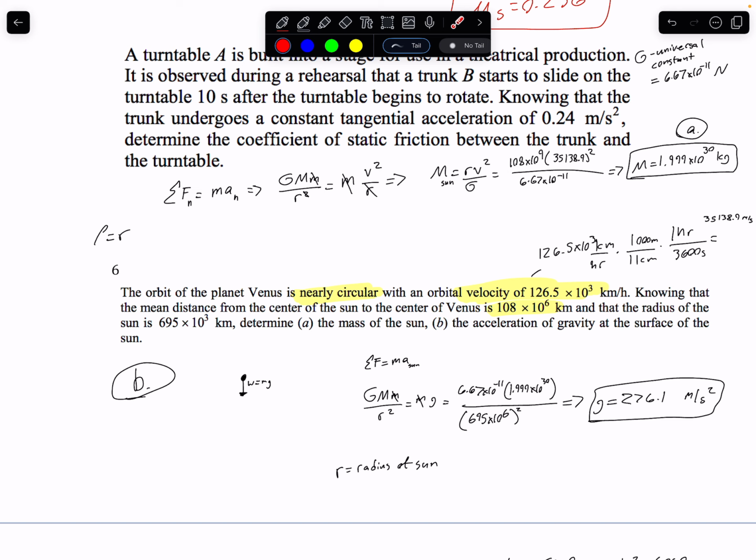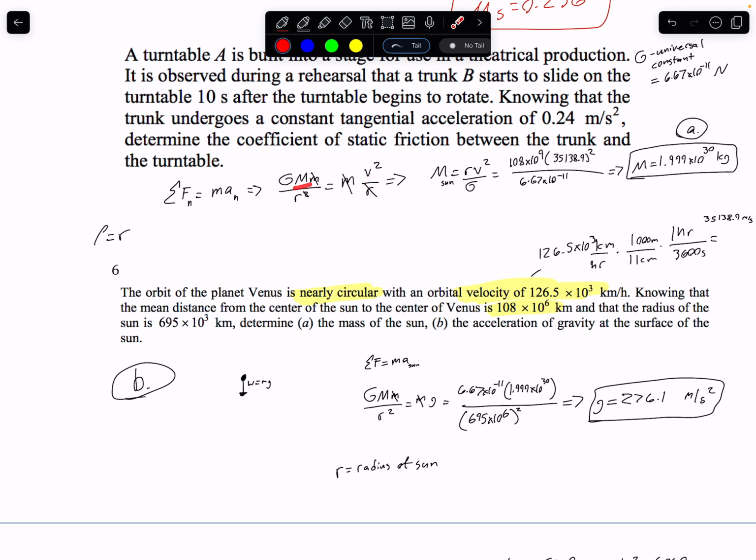So we know that the force that the sun gives off, which is gravity, is equal to the gravitational constant times the mass of the sun times the mass of Venus over the radius squared. That's equal to the mass of Venus times the acceleration of Venus. And so a few things cancel out. Mass of Venus cancels out, one r cancels out, and we have the velocity of Venus.